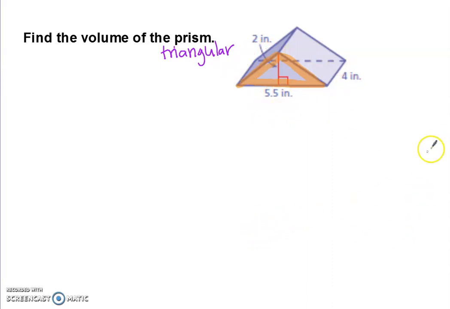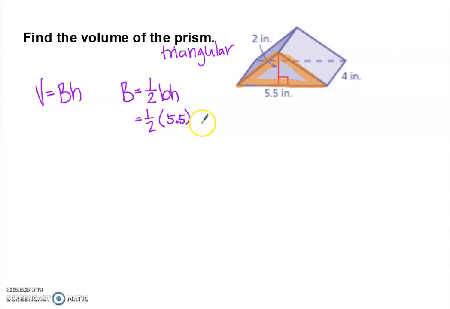So our steps are the same. Write the formula. Area of the base times the height. Now we need to find the area of the base, which is a triangle. So 1/2 base times height. 1/2 the base of the triangle, which is highlighted there in orange, is 5.5. And the height of the triangle is 2.